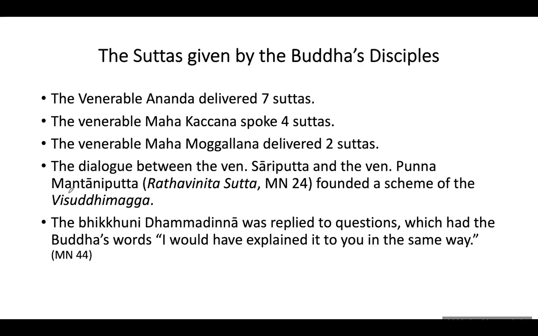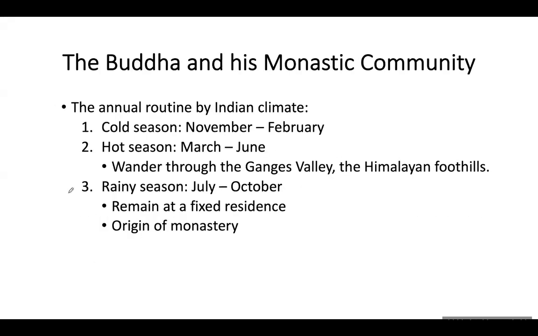In this way, the Buddha's disciples delivered the transmission of the Buddha's teaching in Majjhima Nikaya. When you read some sutras in Majjhima Nikaya, you can estimate the annual schedule of the Buddha and his monastic community, and their annual schedule was determined by the Indian climate.